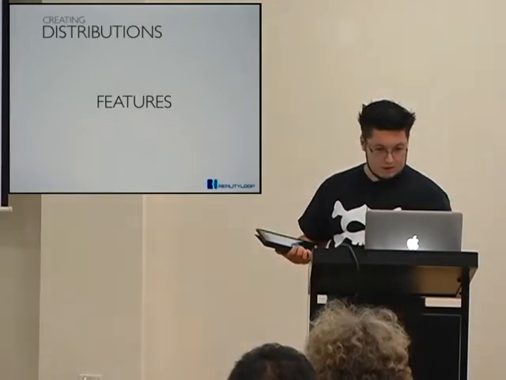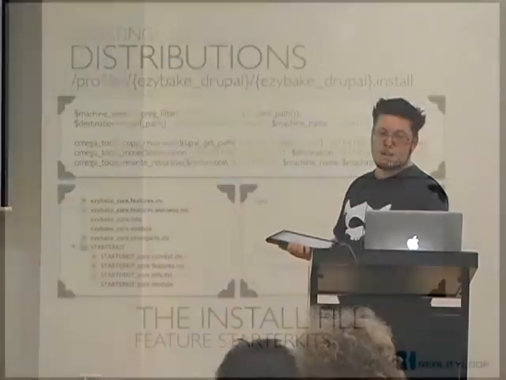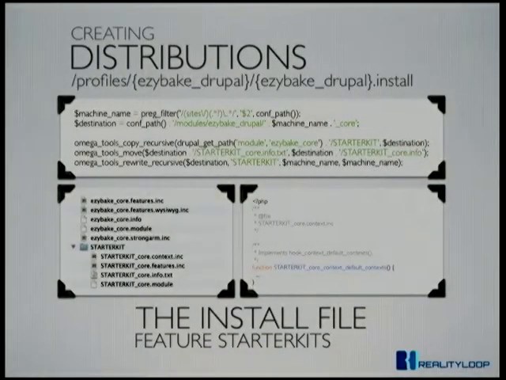let me just go back a few slides, to get this sort of structure here, because unfortunately Features doesn't actually let you export a feature that uses uppercase characters. So you will have to export it with one name and then go through all the files and rename them to uppercase starter kit.